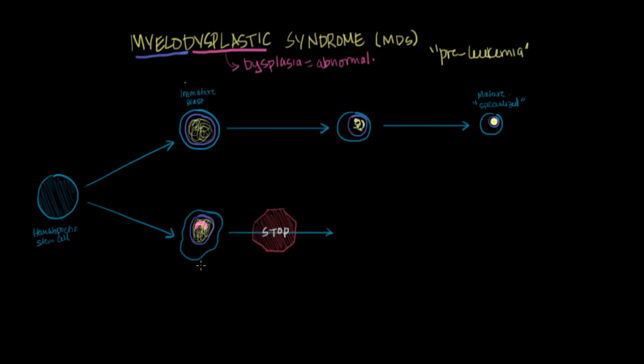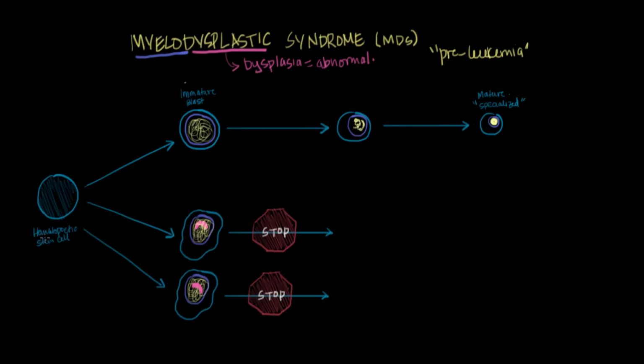And that means that this isn't a cancer of immature blast cells. Instead, this is a condition in which you have immature blast cells that have an abnormal appearance and can't mature and develop like normal blood cells should. Okay, so the hematopoietic stem cell, unfortunately, continues to make more of these abnormal blood cells that don't mature.